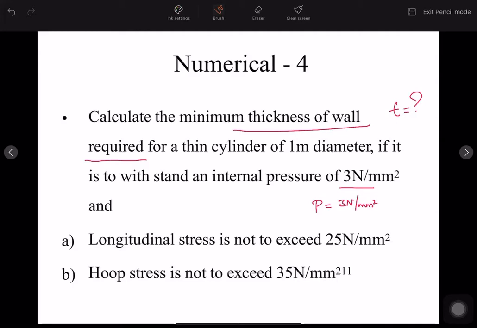Longitudinal stress is not to exceed 25, that is, less than or equal to 25, and hoop stress is not to exceed 35 Newton per mm square.